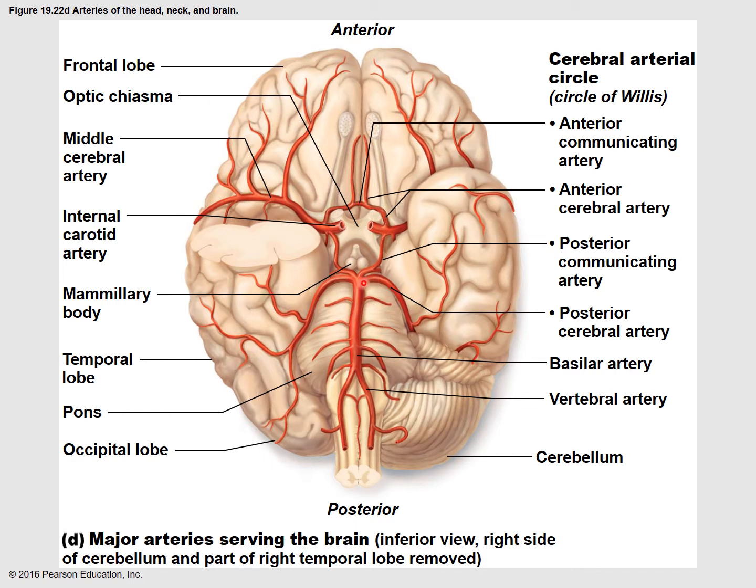So that once again, if there is a blockage here, you still have other arteries that are bringing blood and the nutrients and the oxygen to that area. This area here, once again, is known as the circle of Willis, so that you have multiple ways of supplying blood.